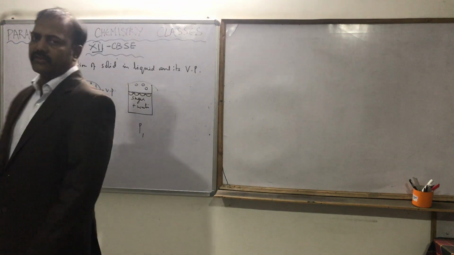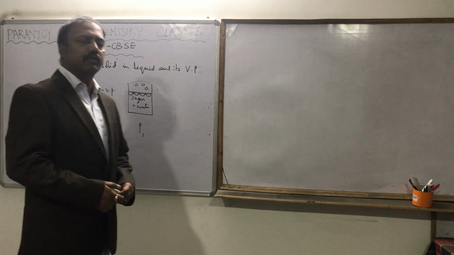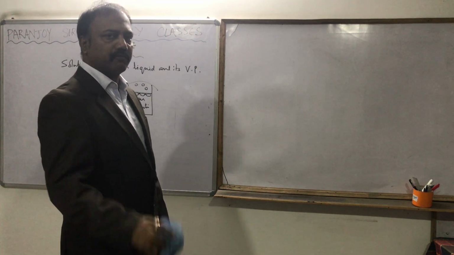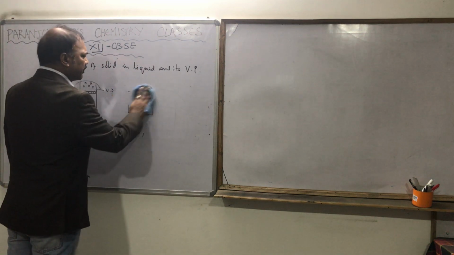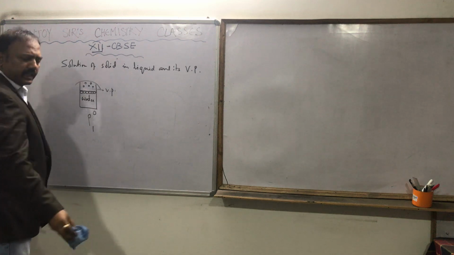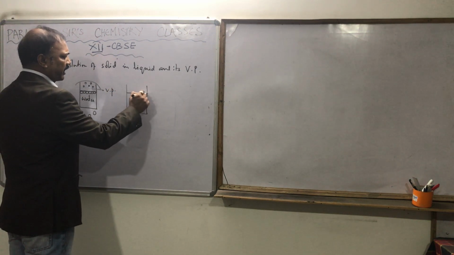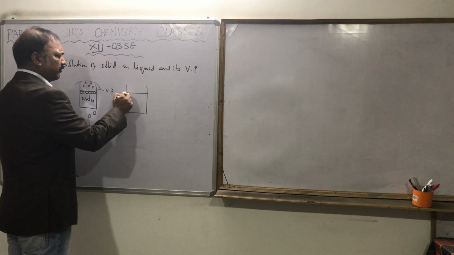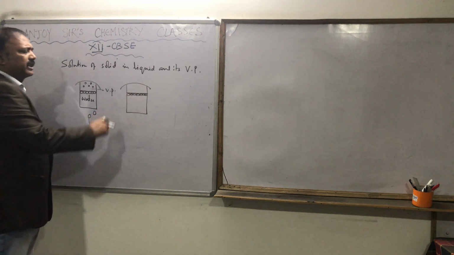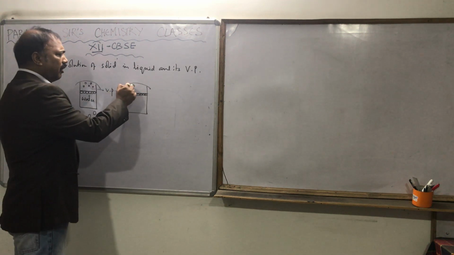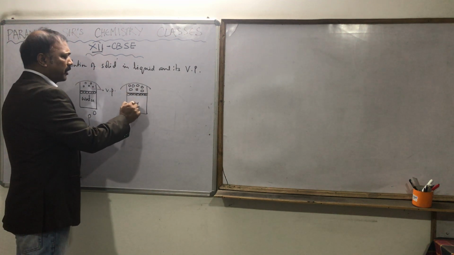Now let's talk about this graphically. Or before the graphical representation, let us know how the vapor pressure depends, what are the factors on which the vapor pressure depends. Now suppose I have taken water over here, and I have taken ether in another container of the same size. Ether is the nail polish remover, you know this. So obviously the vapor pressure of the ether will be much more than the vapor pressure of the water.